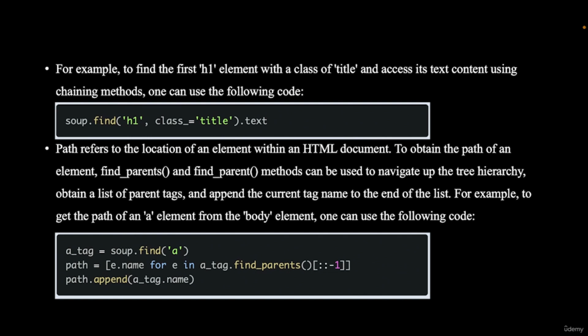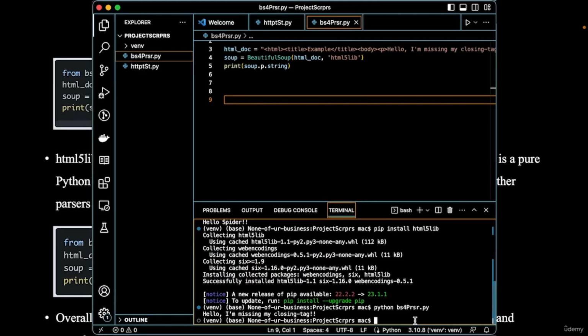As you can see here, we use soup.find, the Beautiful Soup instance dot the find method, and to it we pass the h1 tag as well as the attribute class_ of title. Then we use dot notation and pass to it the text attribute. The path here refers to the location of an element within the HTML document, and we have an example.